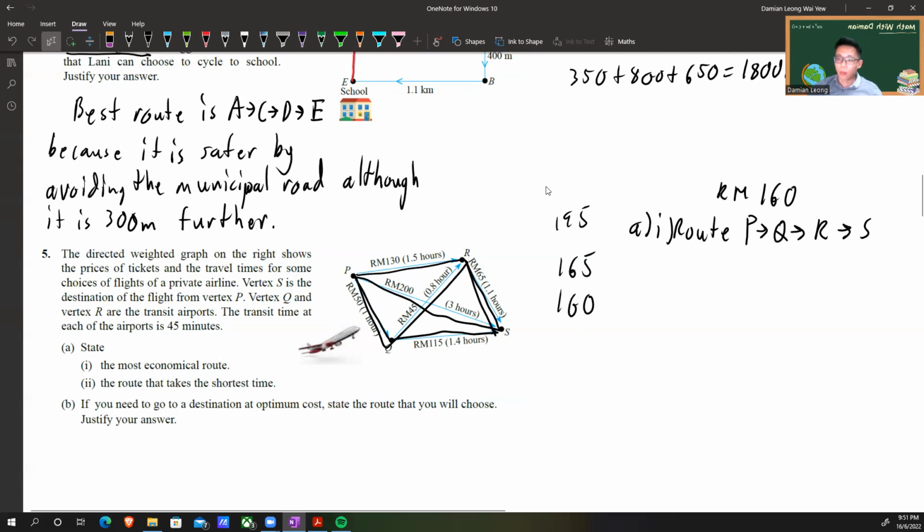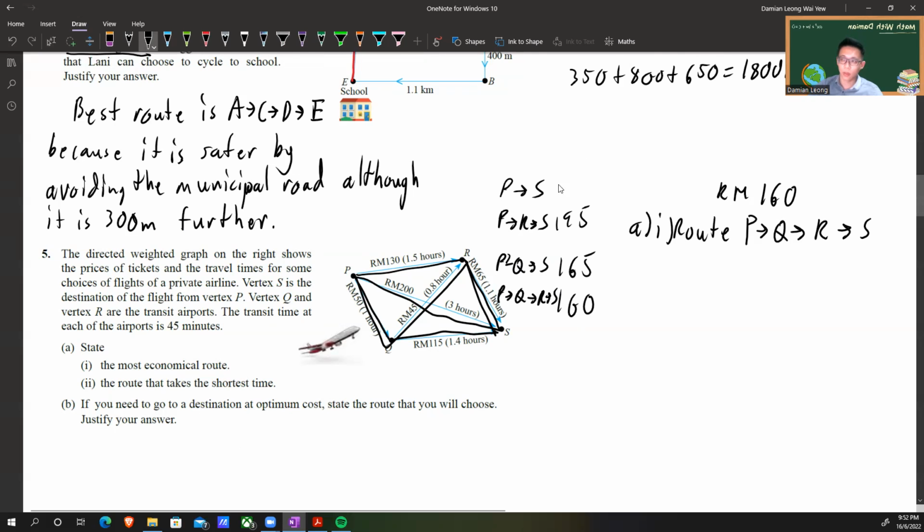So how can you compare them? Basically, you can always list down all the possible ways first. There is PS, there is PRS, there is PQS, and there is PQRS. Okay, this is 200 ringgit. So by comparing it like that, you'll be able to see.